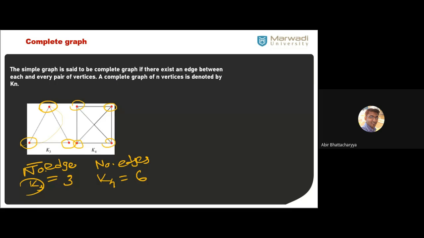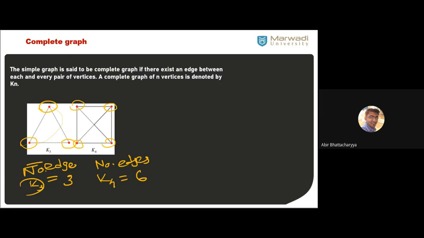So if I ask you the number of edges for Kn, can anyone tell me what the answer should be? n times (n minus 1) by 2. We have already done this in the third theorem of graph theory. That theorem states the maximum connection possible from a vertex to other vertices. Maximum connection means we are creating a complete graph.